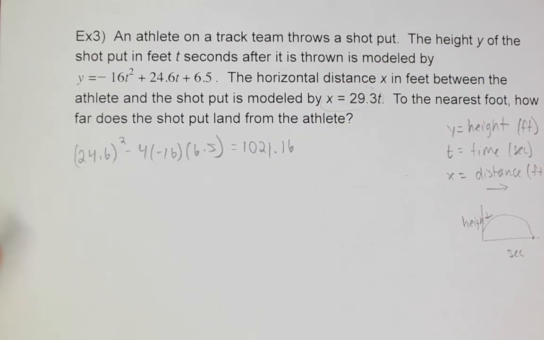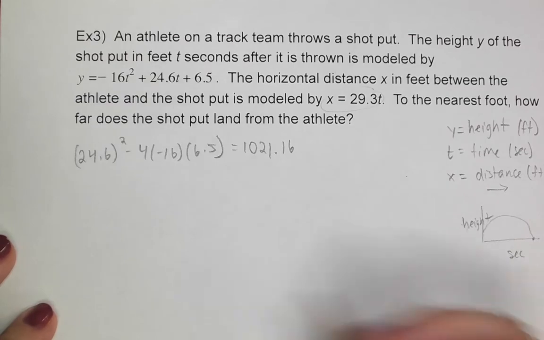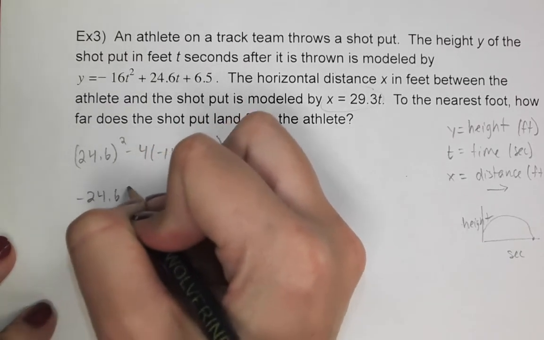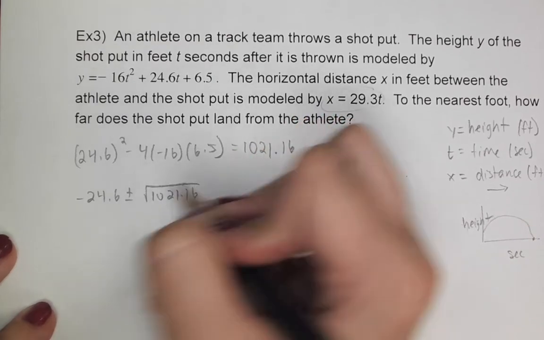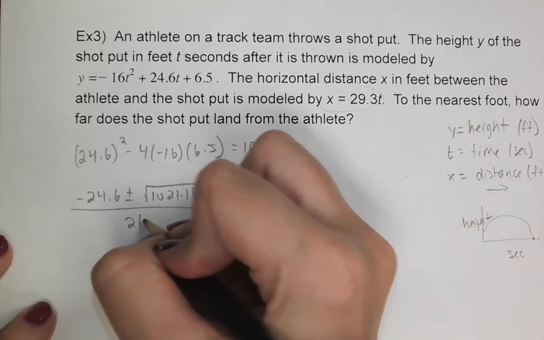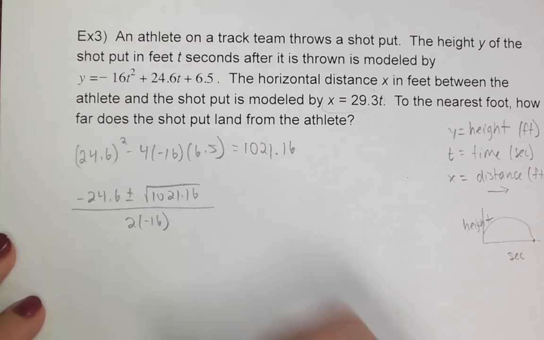So that's my discriminant. We're going to have 2 solutions. We should kind of predict that. So now let's plug it into the whole quadratic formula. Negative b plus or minus square root of the discriminant all over 2a.